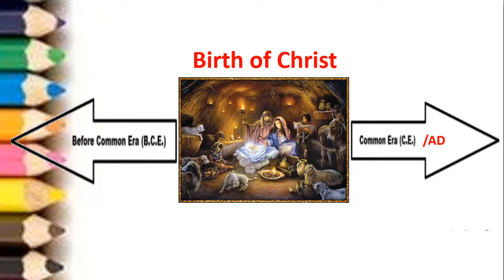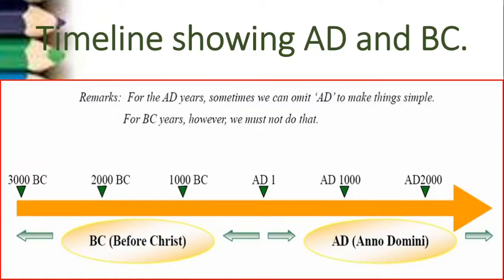So when Jesus Christ was born, we had a new era called the Common Era or the Christian era. Okay, so most of the calendars that we use today, children, are based on the Christian era. That is why we are looking at this in the beginning. So most of the common calendars that we use today are based on the Christian era.